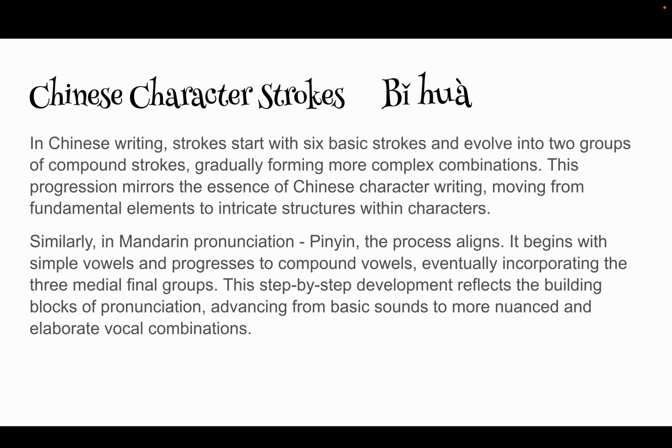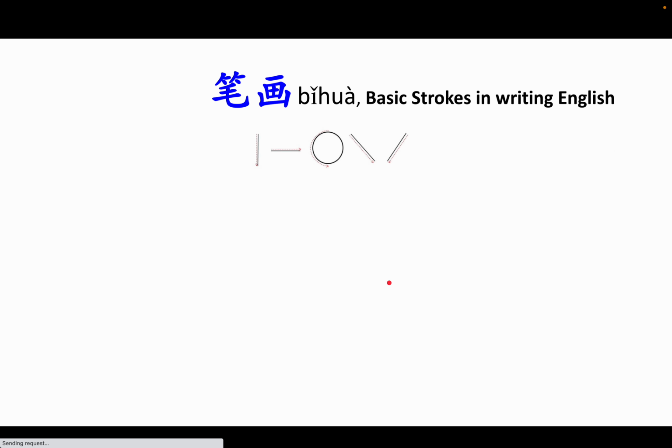Alright, I hope you can connect those concepts together in learning pronunciation and writing characters in Chinese. Not only are there basic strokes in writing characters, this concept also applies in writing English. You might feel those strokes are familiar.